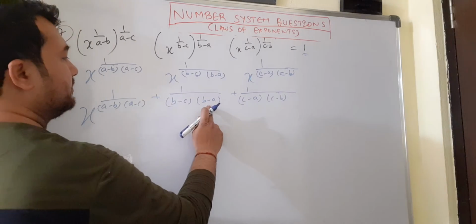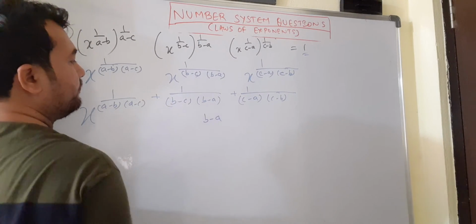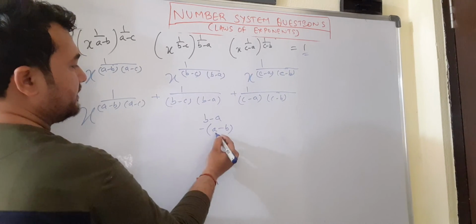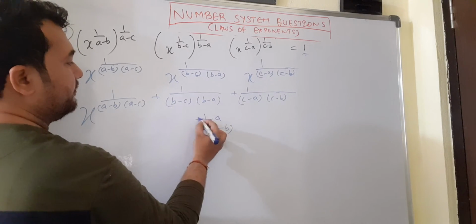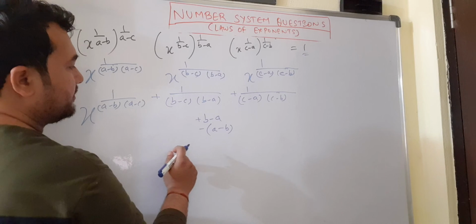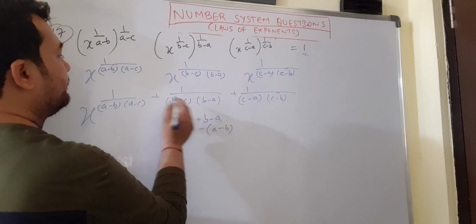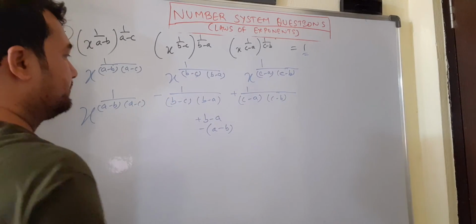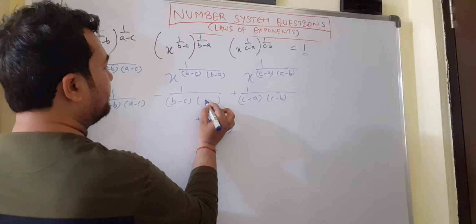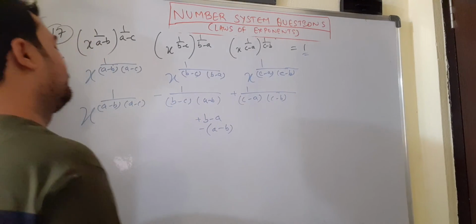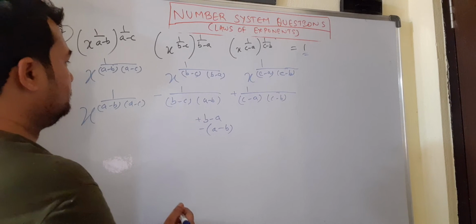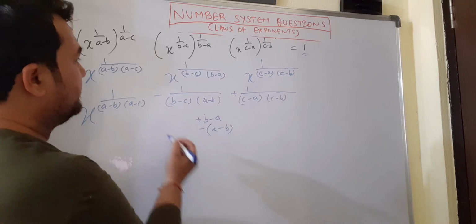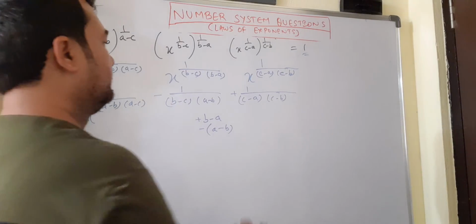You can convert this into a minus b. If you take out minus common, you can write it as a minus b, it will be minus a plus b, minus a plus b, isn't it? So you have to take minus 1 common. If you take minus 1 common, this minus 1 will come over here and make this minus, and it will give you the liberty of writing it as a minus b. Clear? So a minus b here, a minus b here, a minus c is here, c minus a is here.